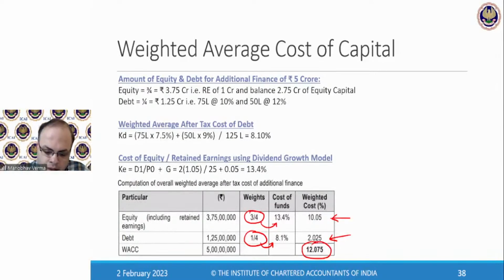One more question was there from Vinay in terms of when we should go with the cost divided by average investment formula. In this case, Vinay, it was an interesting question where there were two different costs of debt involved, right?